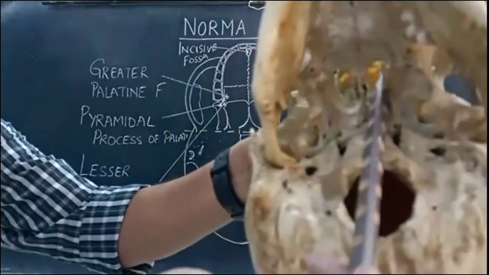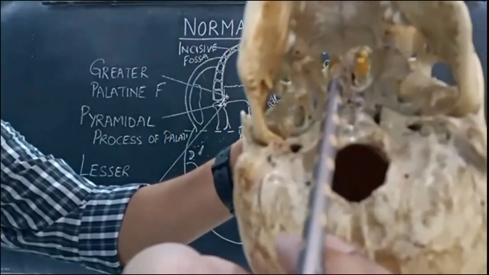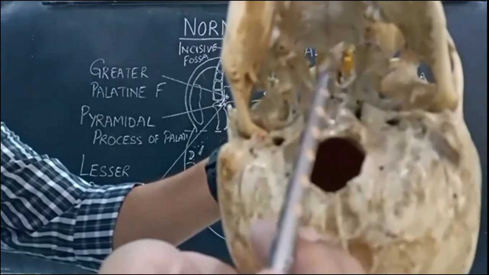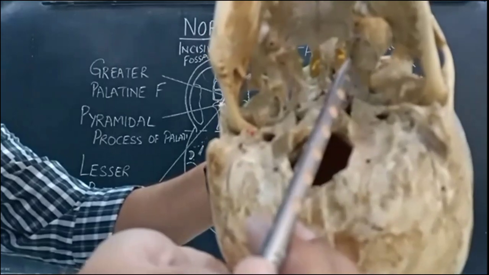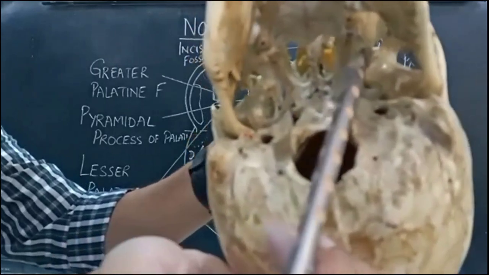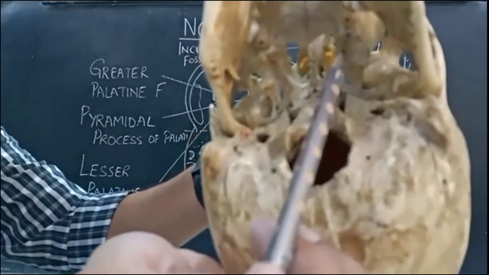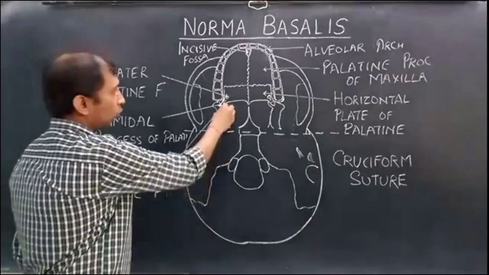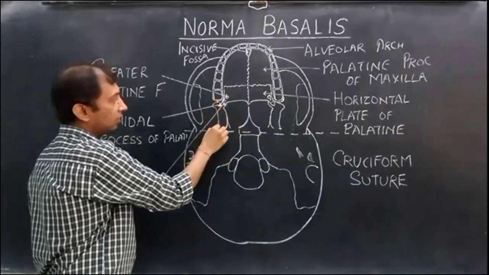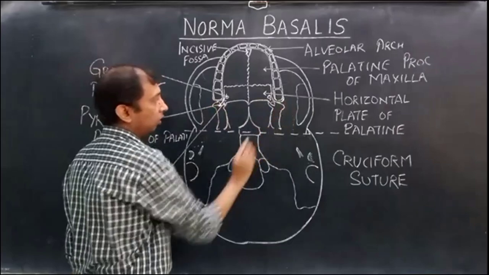That is the nasal aperture, and binding the nasal aperture posteriorly on each side are two plates. You can see these two plates, vertically running plates. Okay, so these are nothing but known as pterygoid plates. So two pterygoid plates on this side and two pterygoid plates on this side.